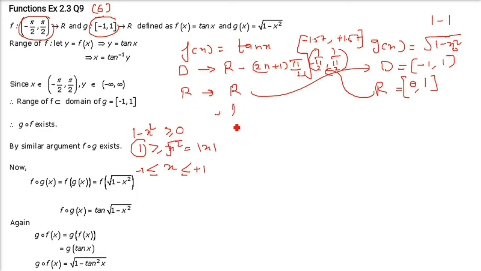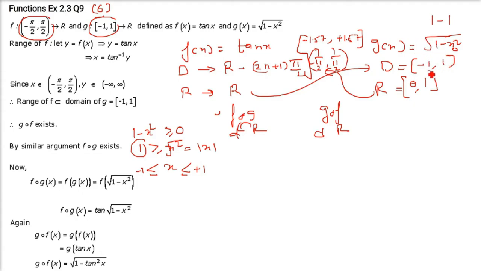So now let us find f∘g, f of g(x). The range should be a subset of the domain. So in g∘f, the range of f should be a subset of the domain of g.